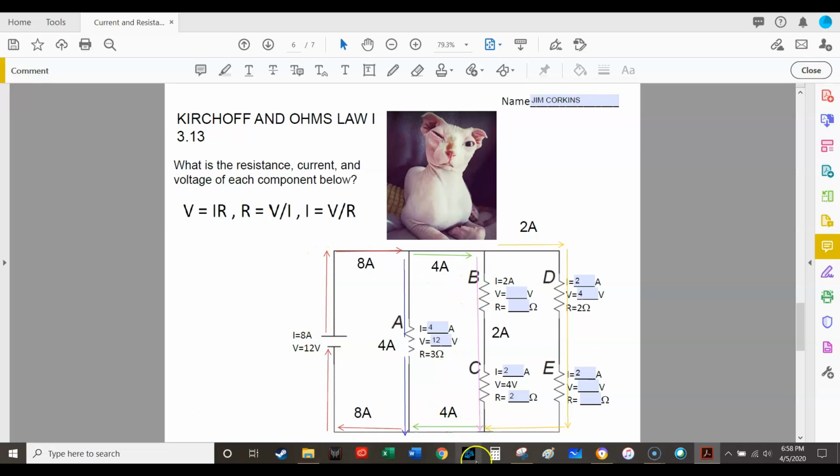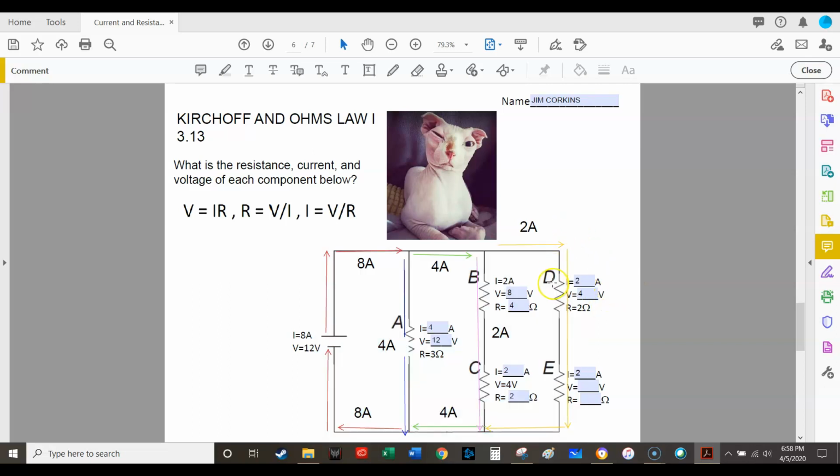This has to be 12 volts. Well, we know 4 of those volts is there, so the rest of that 12 volts has to be here. 8 volts plus 4 volts adds up to be 12 volts. And now we could find the resistance using Ohm's law. Voltage divided by current. 8 volts divided by 2 amps is going to be 4 ohms.